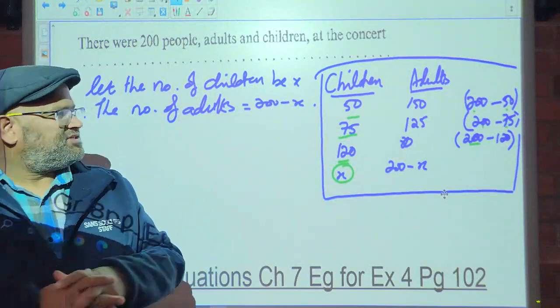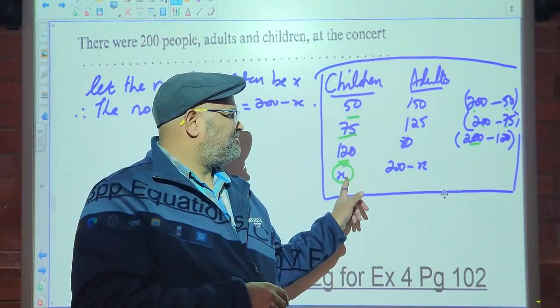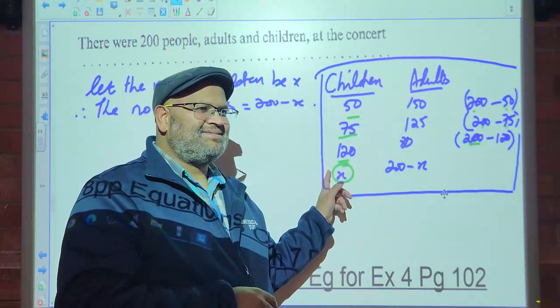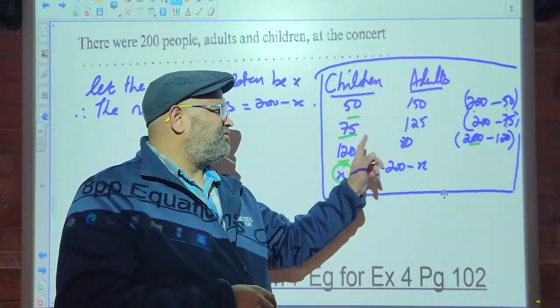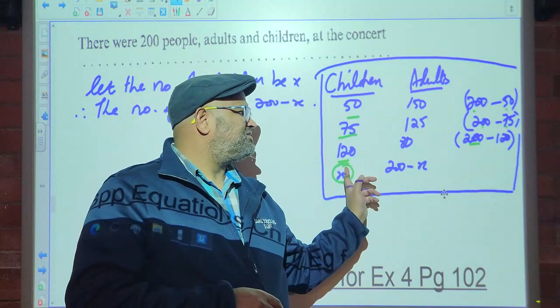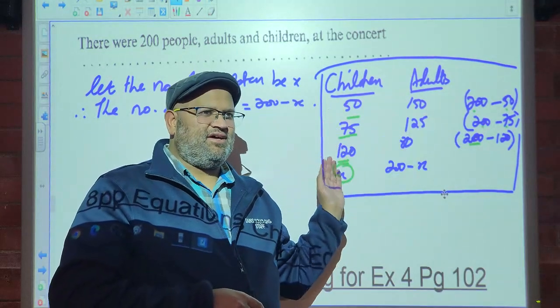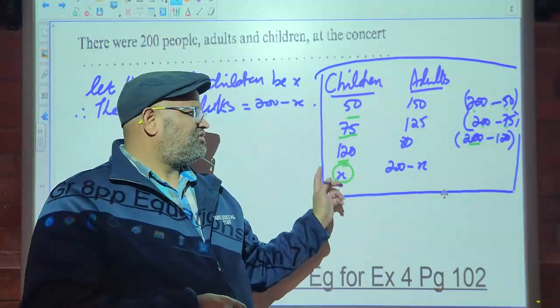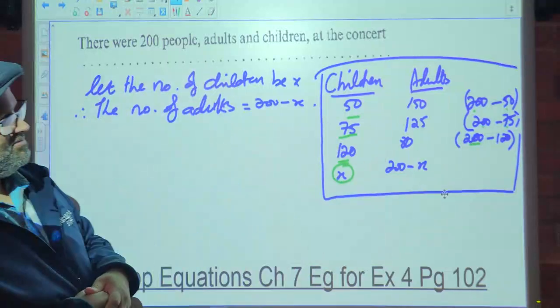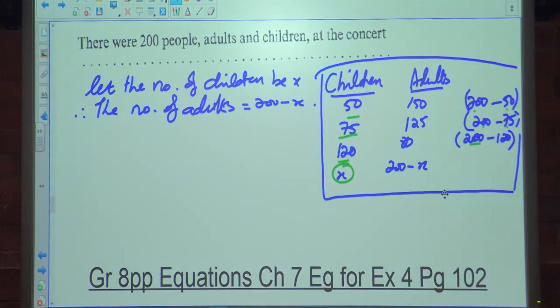Because this changes all the time. It varies. Therefore, as that changes, we just say 200 minus whatever value is there. Since it's changed for the variable, which is x, it's 200 minus x.